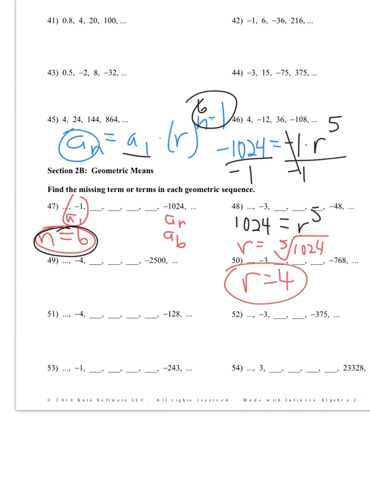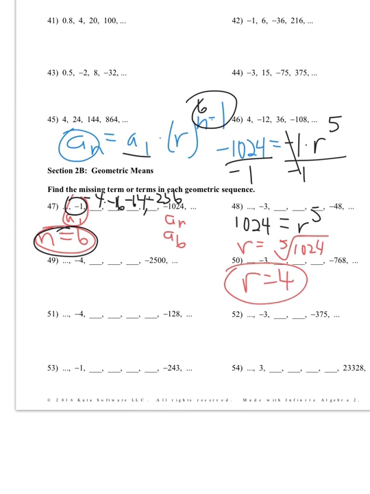So that's what I multiply by. So if I want to find my missing terms, I'm going to take my negative 1 multiplied by 4. It's negative 4. I'm going to multiply that one by 4. That's negative 16. I'm going to multiply that one by 4, which would be negative 64. And if I multiply that by 4, I get negative 256.